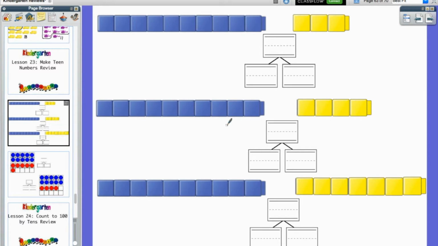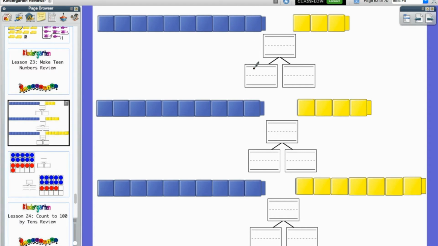This is some stuff you did with your teacher this week, is you made teen numbers. So again, we've done this before. Let's look at that first cube train, that group of blue cubes. Let's count them. 1, 2, 3, 4, 5, 6, 7, 8, 9, 10.